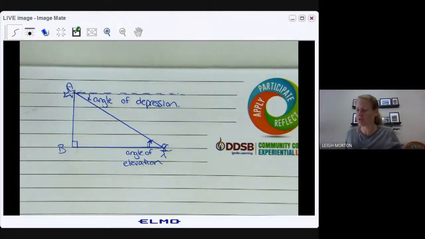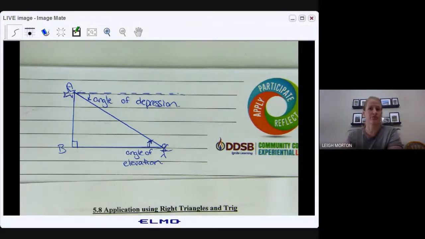Those are the only two definitions we're going to use for our word problems. So jot those notes down so that you can recognize them. And we're going to start.